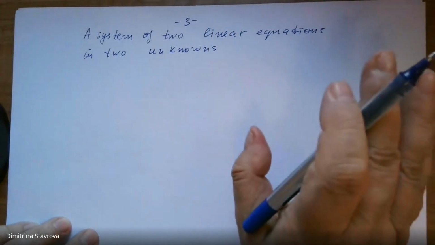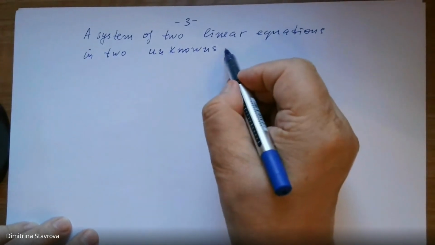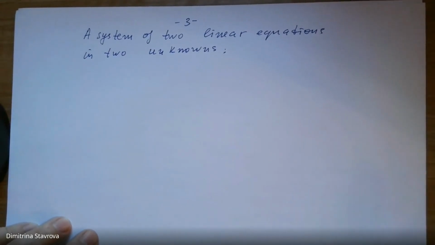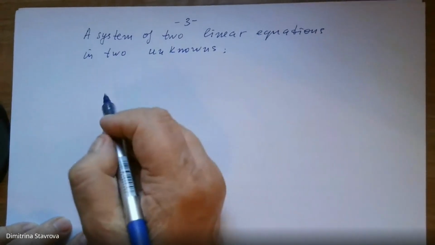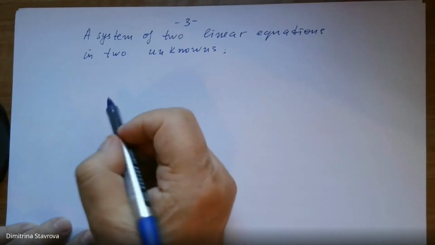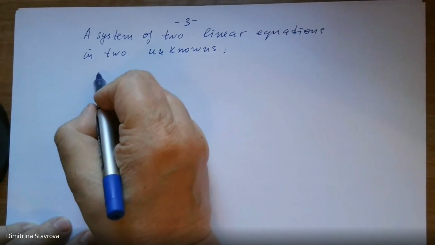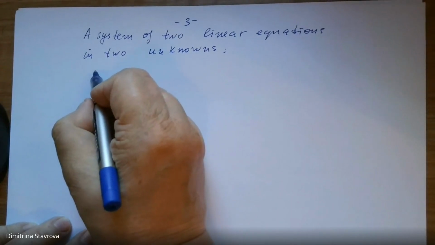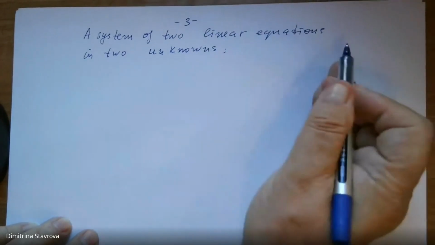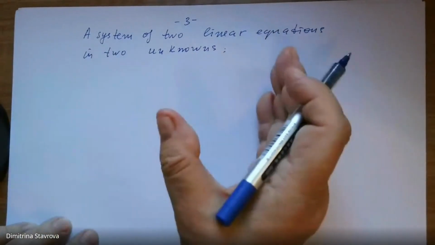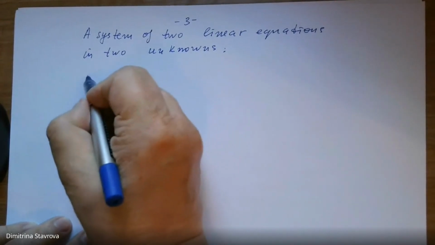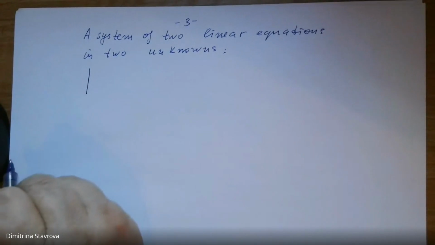We can write a general expression for such a system, but I would prefer to have something a little bit more particular. Let's have another such system. That means we should have two linear equations and two unknowns. Let's call them x and y again. Let's consider one such system.